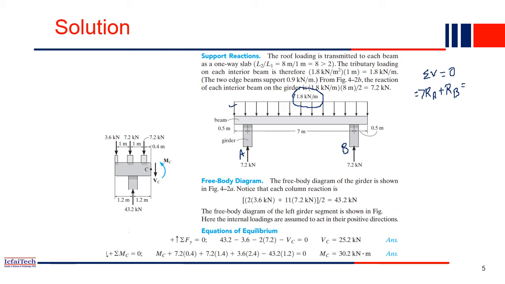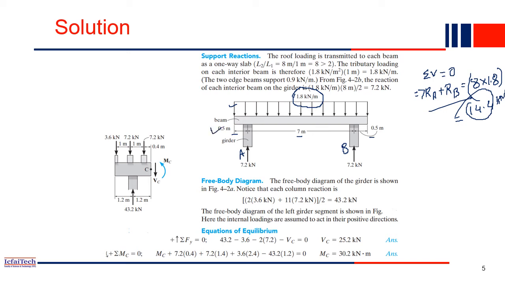The total length is 7 meters center to center plus 0.5 on this side and 0.5 on this side, so total 8 meters. So 8 into 1.8, if you multiply it, you will get 14.4 kilonewton. So RA plus RB is equal to 14.4 kilonewton.